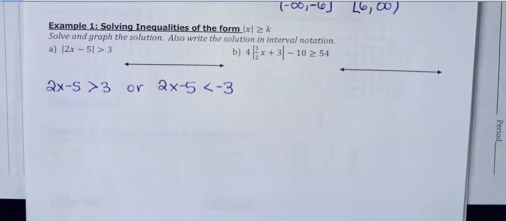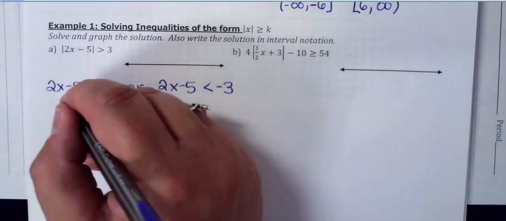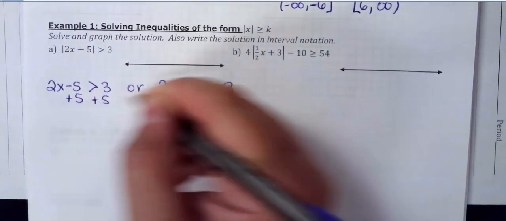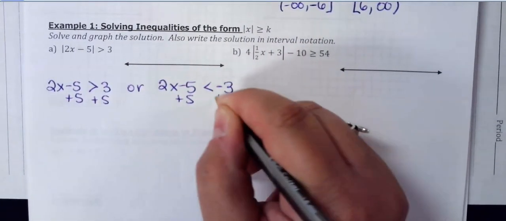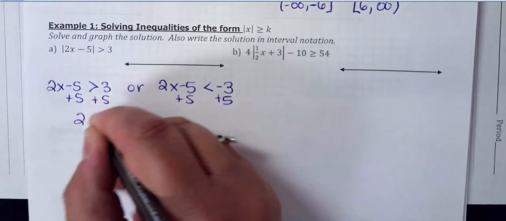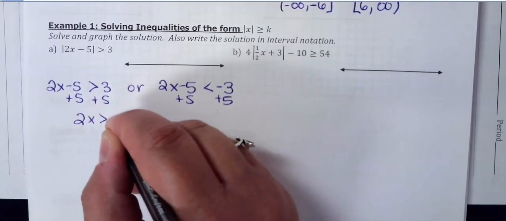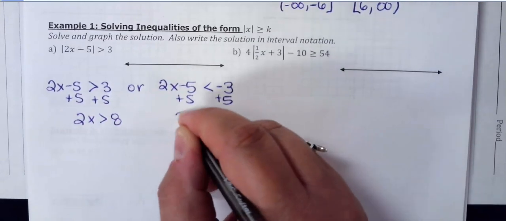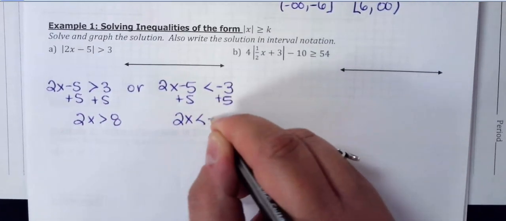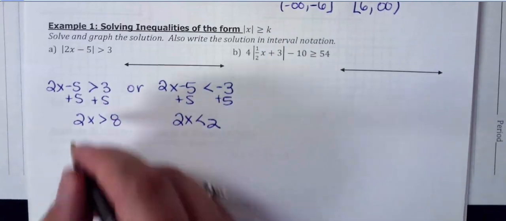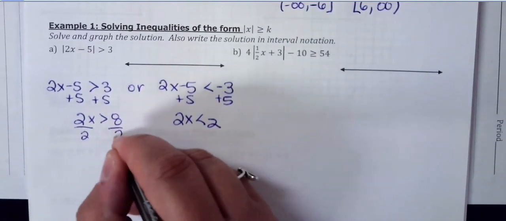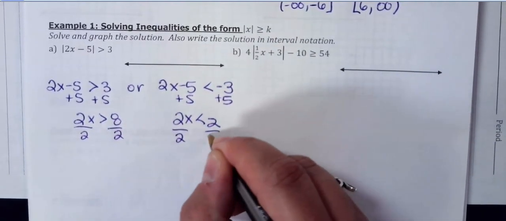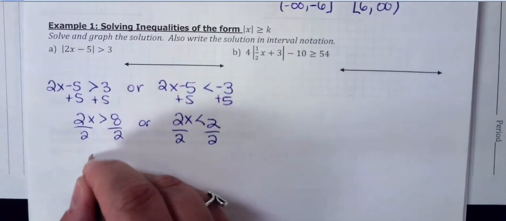Okay, and then I'm just going to solve both of them at once. I'm just going to add 5 to both of them real quick. So in that first inequality I wrote, I get 2x is greater than 8. On the other one, I get 2x is less than 2. And then I'm just going to divide both by 2 for both my parts. This is an or statement, so one or the other.